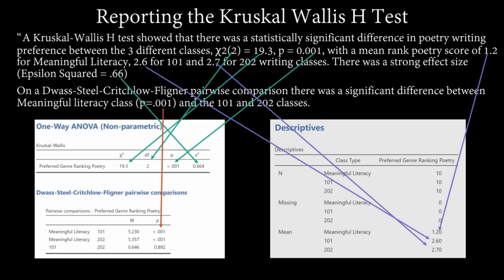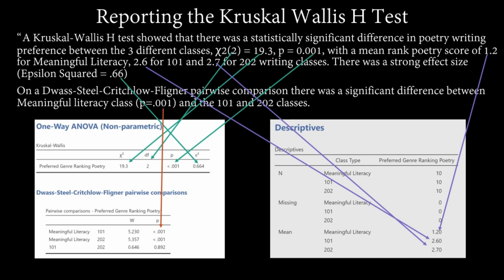You then go on to report the actual mean ranks, which is why we did the exploratory descriptive analysis, with a mean rank poetry score of 1.2 for meaningful literacy, 2.6 for 101, and 2.7 for 202 writing classes. Finally, when we're reporting the Kruskal Wallis H test, you also want to report the effect size, and there was a strong effect size in this case, epsilon squared 0.66.